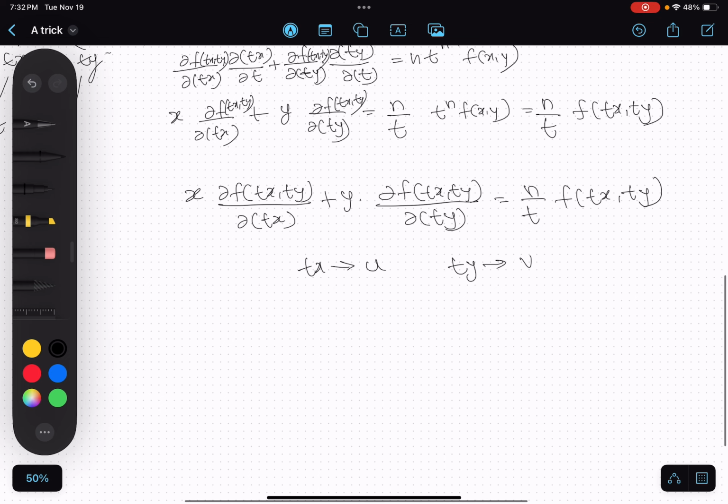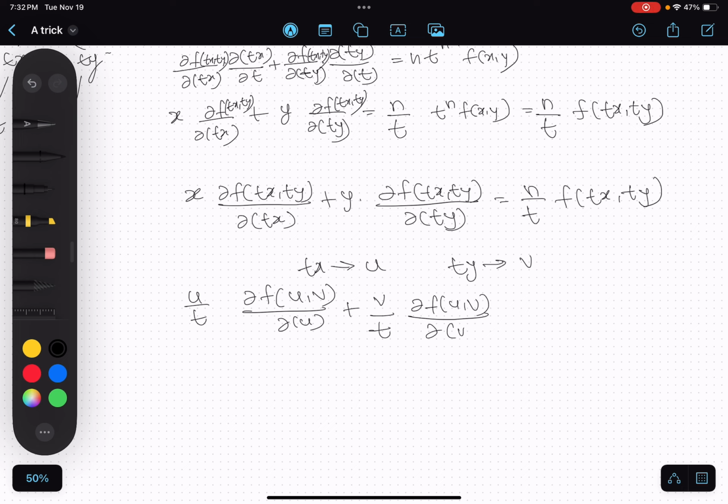So x will be u by t, and this is partial f of u comma b with respect to u, plus this will just be b by t, partial f of u comma b by partial b, is equal to n by t f of u comma b, right? Now we can just cancel these t's, since t is not zero.